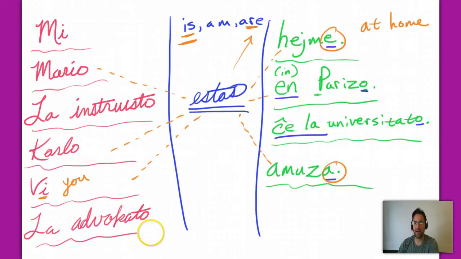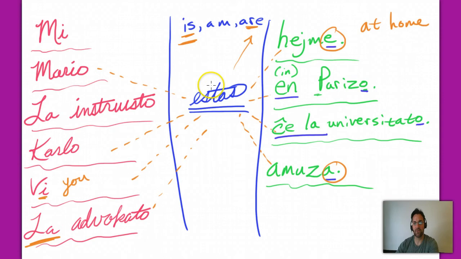La advokato estas ĉe la universitato. Here's one of those sight or sound words: the, la, advokato, the advocate. Advocate is a lawyer.